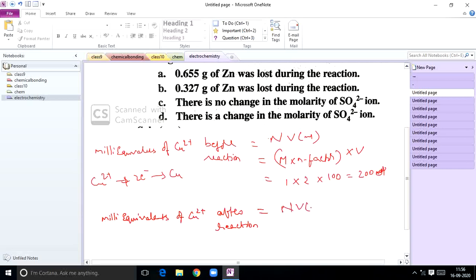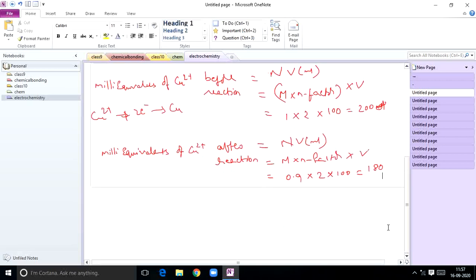Again NV in ml. So that can be written as molarity into again n factor into V in ml. So molarity how much? After reaction molarity was found to be 0.9 and n factor was found to be 2 only and volume was found to be 100. So if you calculate, you will get 180 milliequivalents of Cu2+ after reaction.